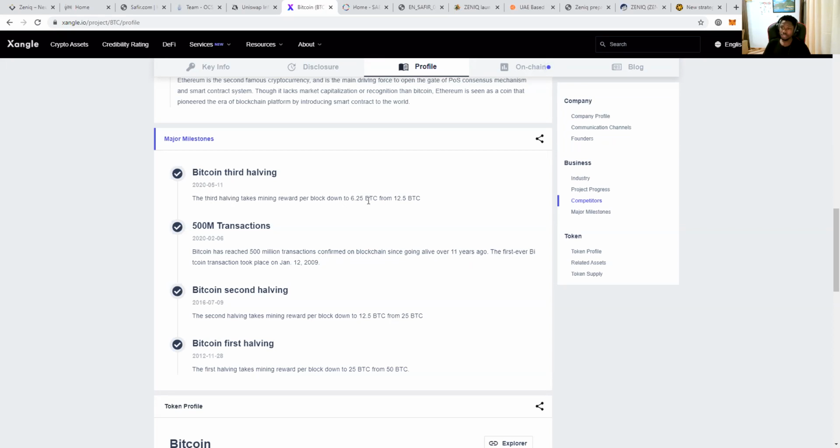So we are expecting the fourth, which is probably going to be the final halving of BTC, somewhere around 2024. The 12.5 BTC that was being earned on average reduced to 6.25 BTC, and once the last halving takes form, we are going to experience this 6.25 being halved into two.